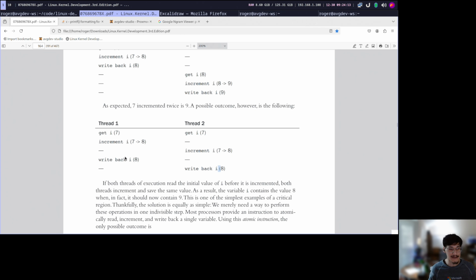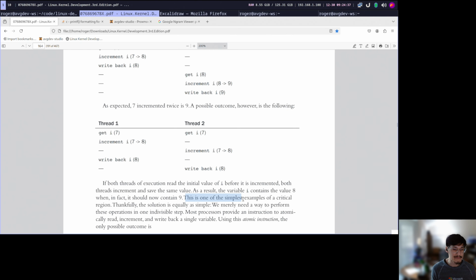They both ended up with 8 because they both saw the state of the world at the same time, and then they did things to it. So yeah, that's wrong. If both threads of execution read the initial value of I before it's incremented, both threads increment and save the same value. As a result, the variable I contains the value 8 when in fact it should now contain 9.